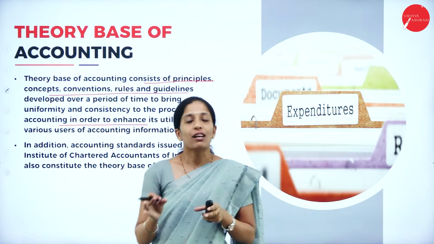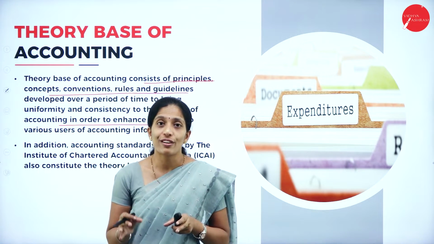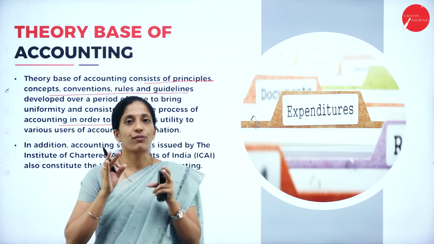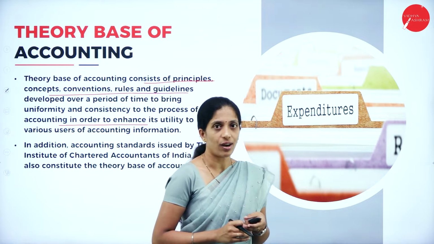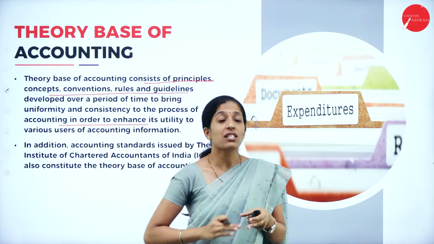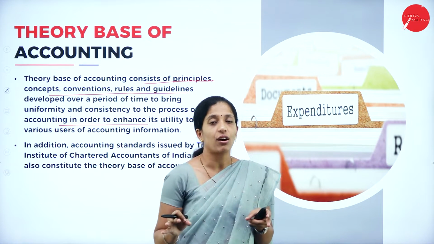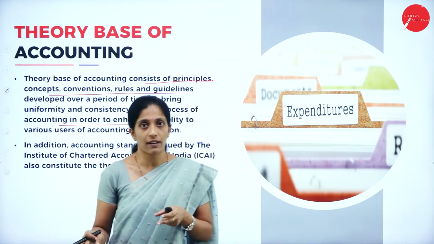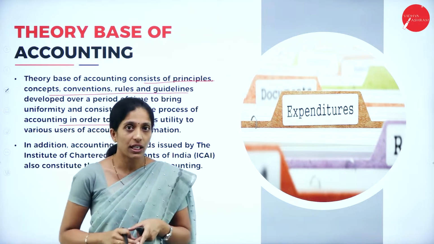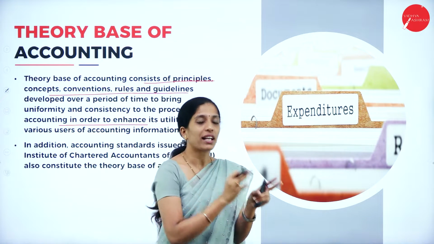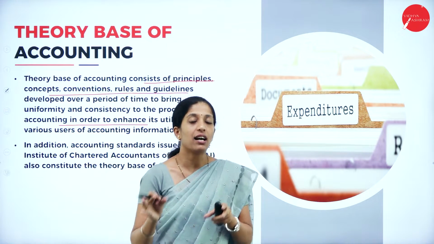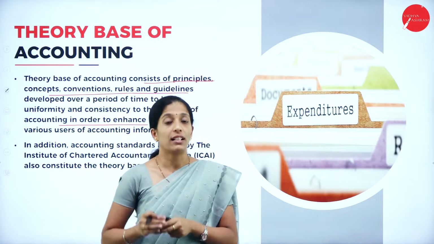Suppose this accounting information will be used to compare the accounting results from one year to another year and from one organization to another organization. If we are not following any of the accounting concepts, conventions or principles, it is very difficult to compare from one accounting year to another or from one organization to another.